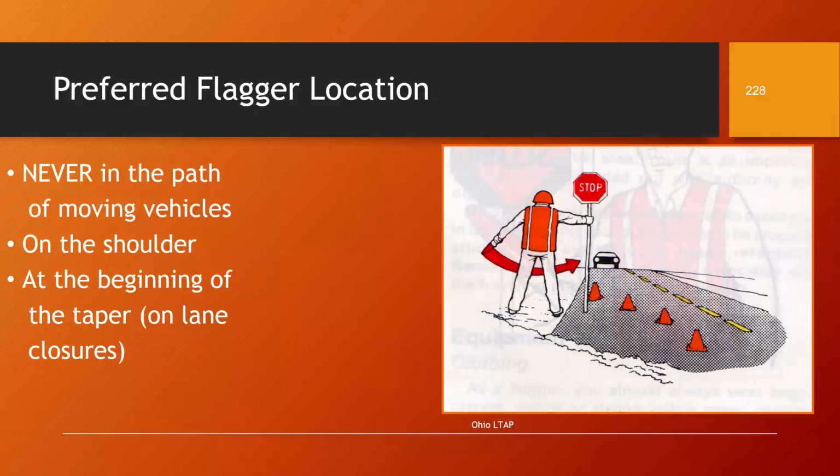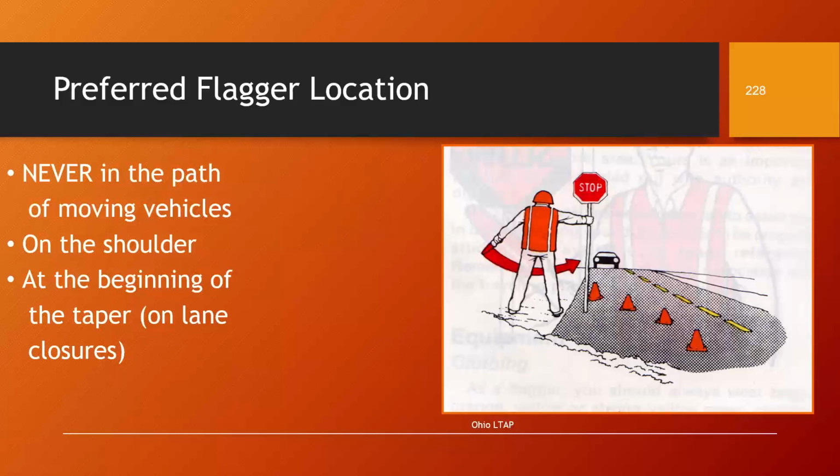If you've got some cars stopped and they're blocking the view, of course everybody's driving a big pickup or a big SUV these days, it seems like. So if you're still standing on the shoulder with those vehicles starting to queue up, the people approaching might not be able to see the flagger and the stop paddle.